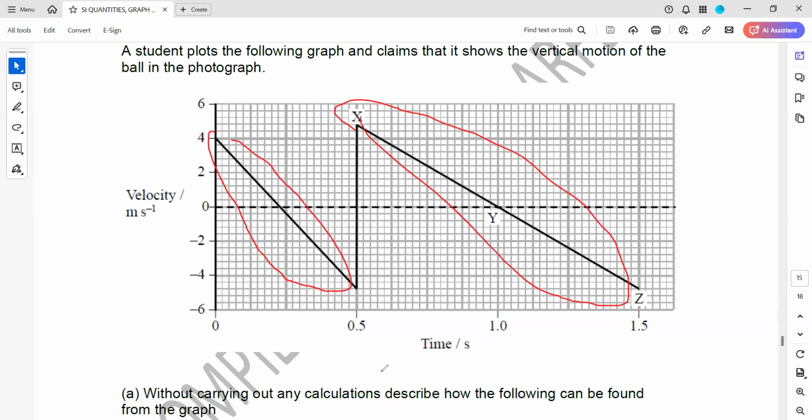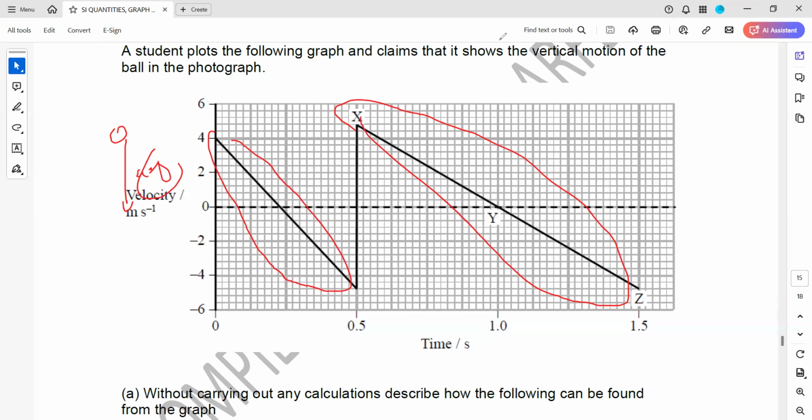Velocity should increase. That's one thing. The velocity should start from the origin, like 0, but it's not starting there. And when the object is falling, they should have the same acceleration due to gravity. So they should have the same gradients when falling. They don't have the same gradient.